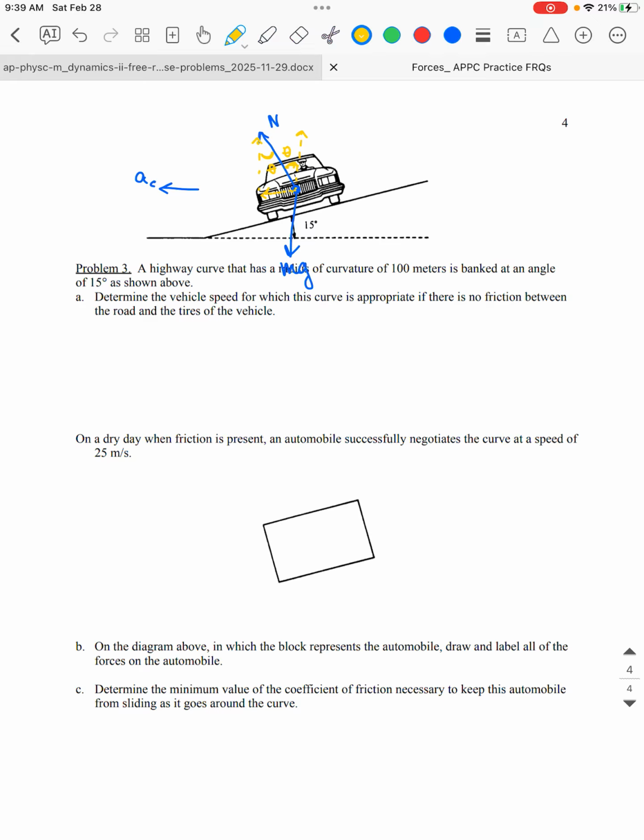So what I can see is that the centripetal force is equal to the normal sine theta, and that's mv squared over r. So from this point, you should be able to solve it pretty easily.